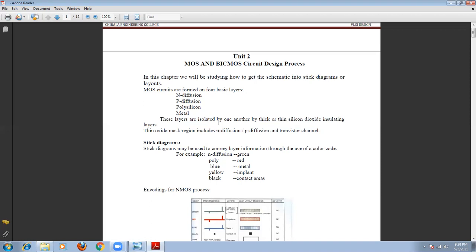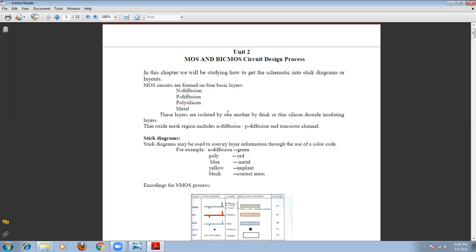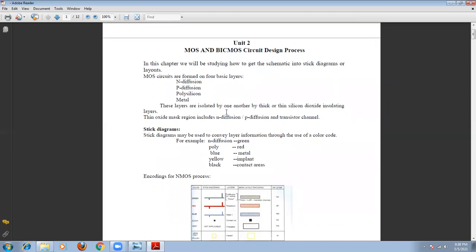Okay, so now how to draw the stick diagram? Okay, that is also very important. So we have different types of encoding processes. In NMOS technology as well as PMOS technology, we also have these encoding processes.